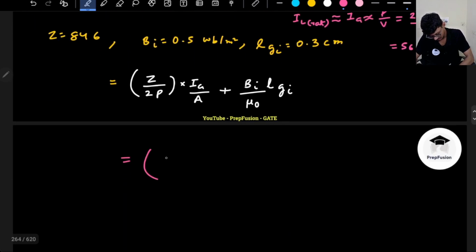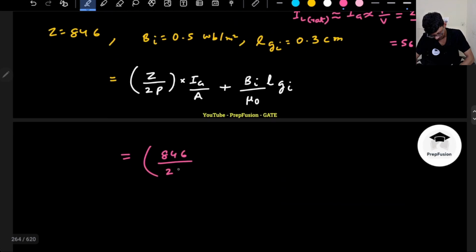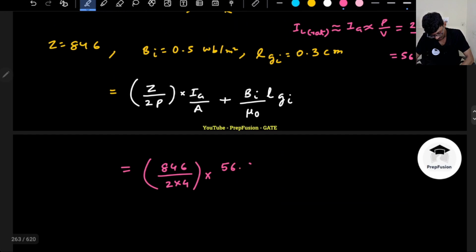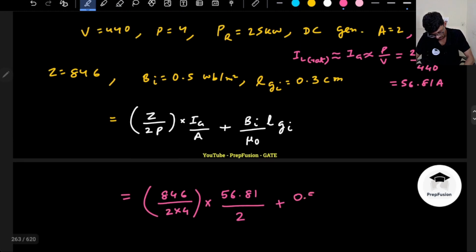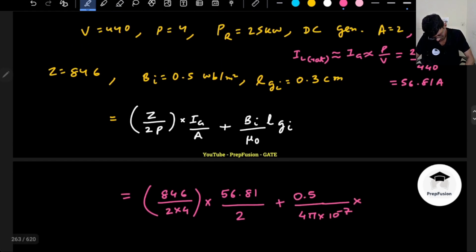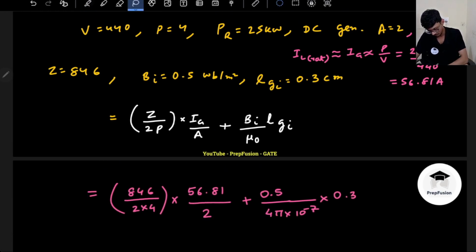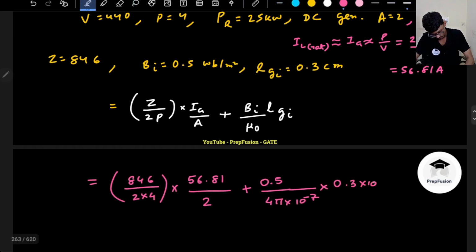So I will replace all the values over here. My Z will be 846. It is a 4-pole machine. So 846 into armature current, that is 56.81, divided by the number of parallel paths, that is 2, plus Bi is 0.5, divided by mu naught, that is 4 pi into 10 raised to power minus 7, into 0.3 into 10 raised to power minus 2.